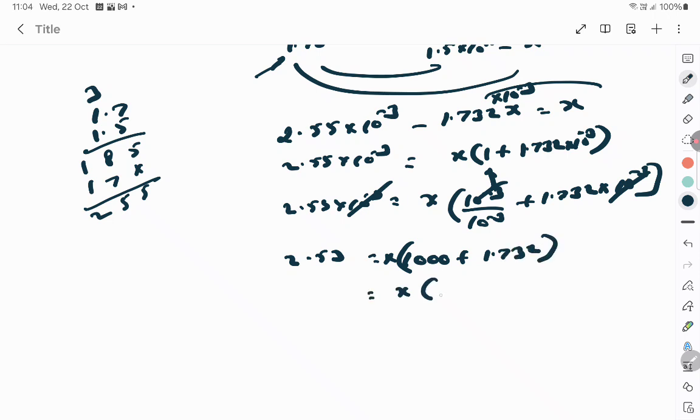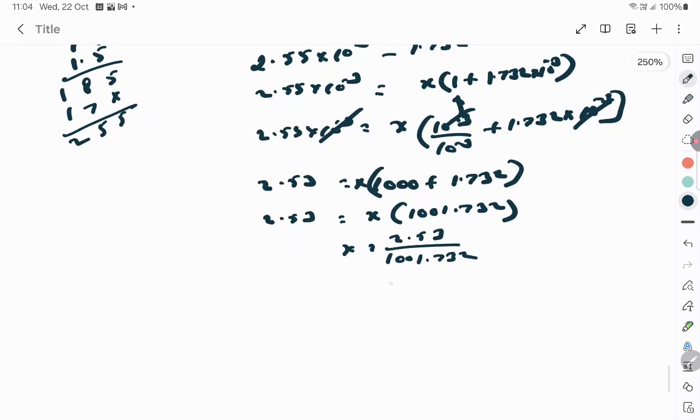So x into 1001.732 is 2.53. So x will be 2.53 by 1001.732. Let's approximate it to 2.53 by 1002. Okay, and then let's find the answer for this.